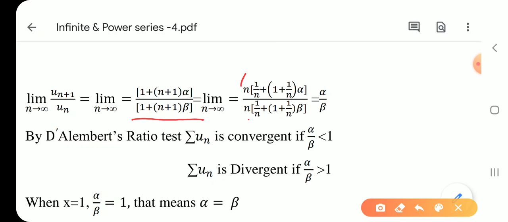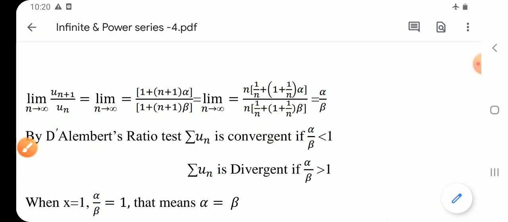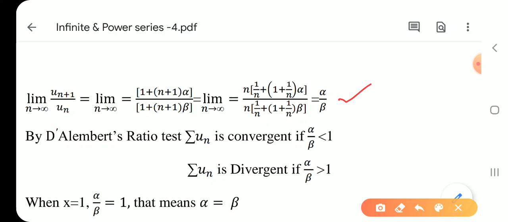Take n common here and apply the limit. 1 by n becomes 0. Here all these terms become 0. So 1 plus 0 is 1 in the numerator into alpha. In the denominator, 1 plus 0 into beta will be beta. Finally we get alpha by beta.